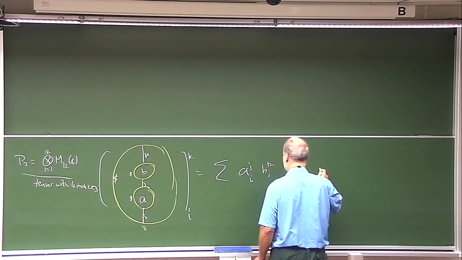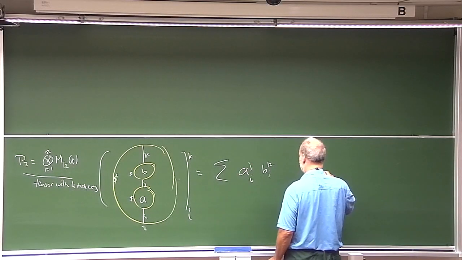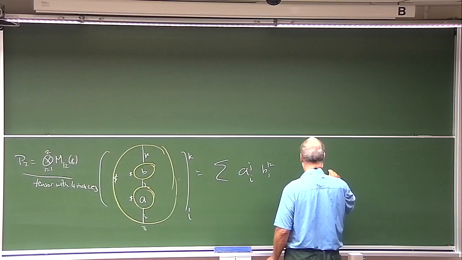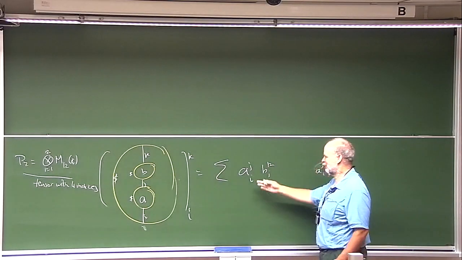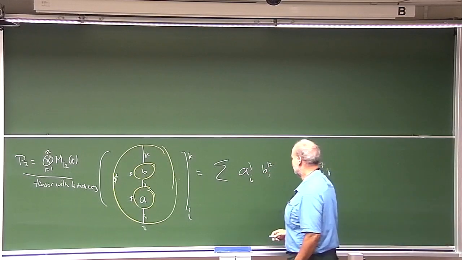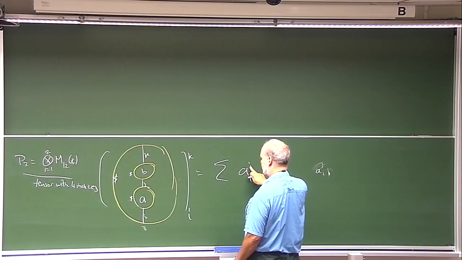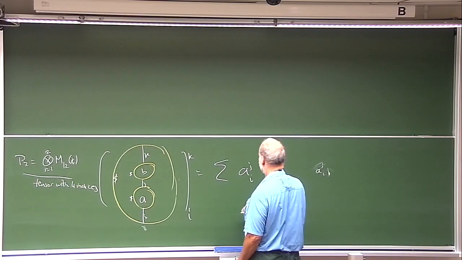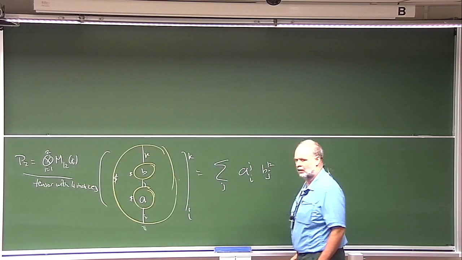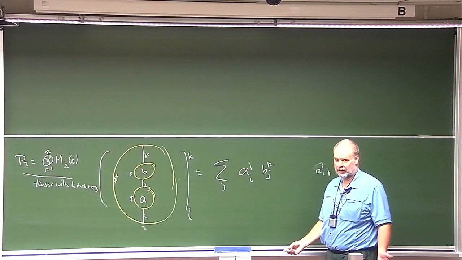In Einstein notation, I guess this would be A_IJ B_JK, except you would remove the sum sign, right? Sum A_IJ B_JK. Okay, and that you'll observe is just matrix multiplication.